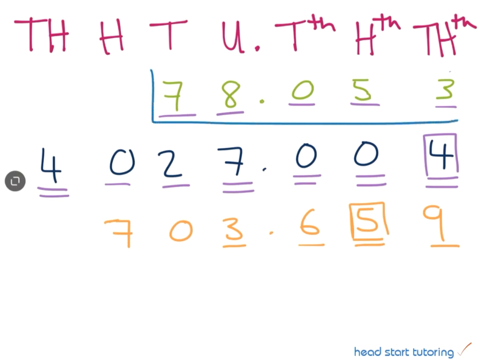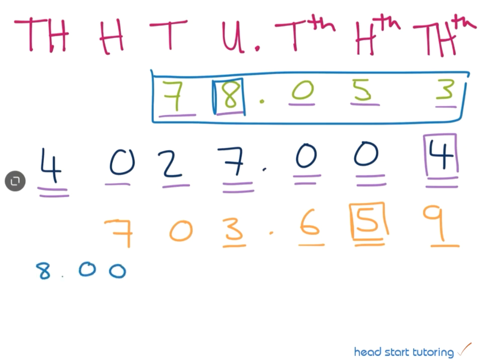So let's consider this first number that we are working with. If I was asked to find the difference between the value of the 8 and the value of the 5, I need to isolate the value of my 8, which is 8 units. So I can write it as 8.00 because I'm working with hundredths.